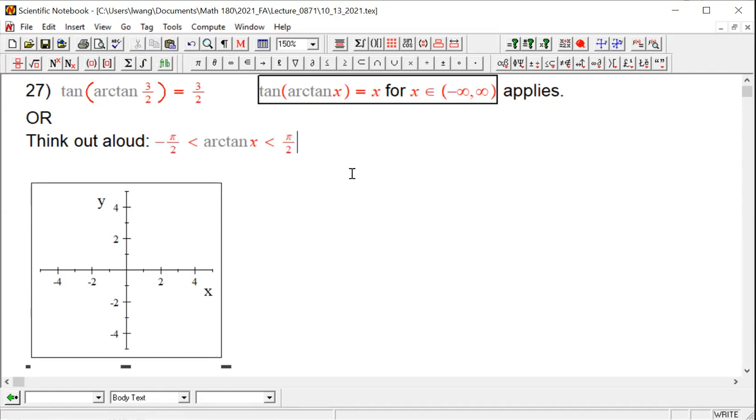So the range is this inequality. This quantity you're getting is a theta. For 3/2, you're getting an angle, but this angle is going to be between -π/2 and π/2, in particular positive, because this is a positive ratio.